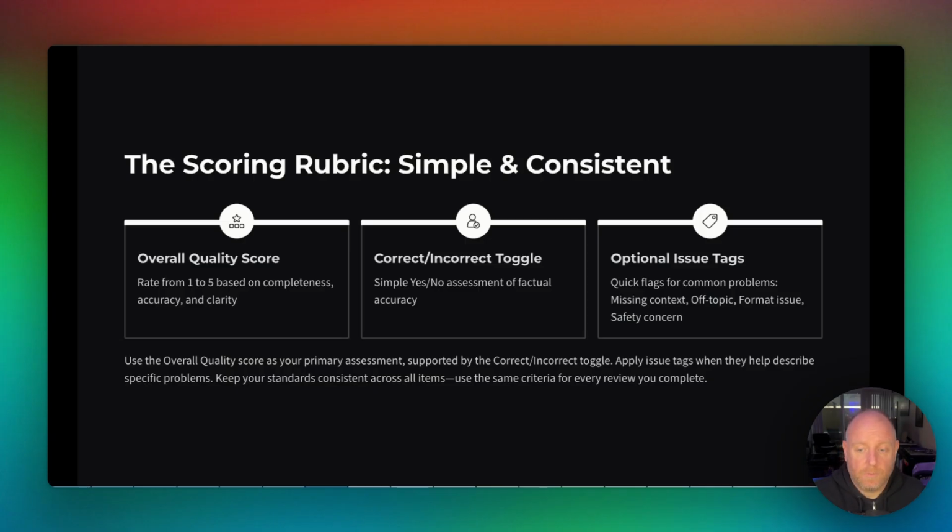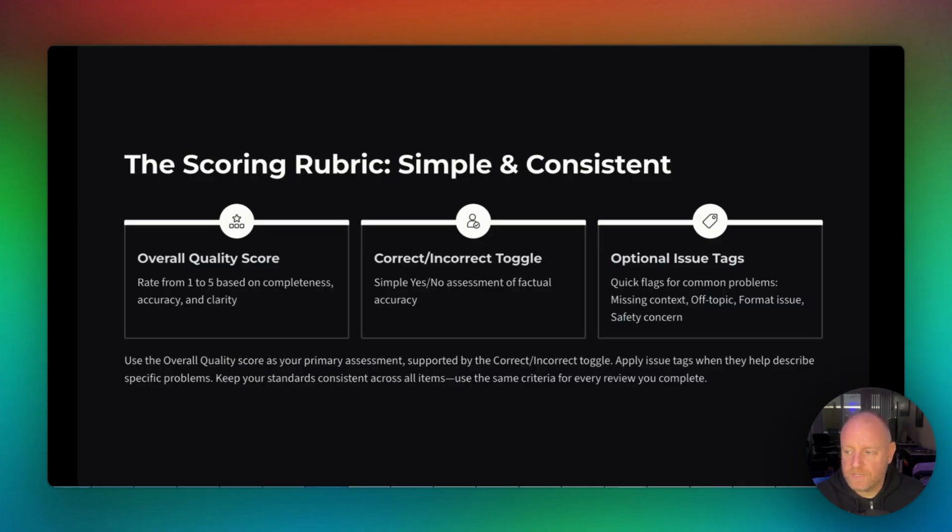Score it from 1 to 5 based off of the checklist that I just provided, based off its completeness, its accuracy, its clarity. You'll also want to add any simple yes/no Booleans for the assessment of factual accuracy or helpfulness or any of the other evaluations that we might be looking at any given time.